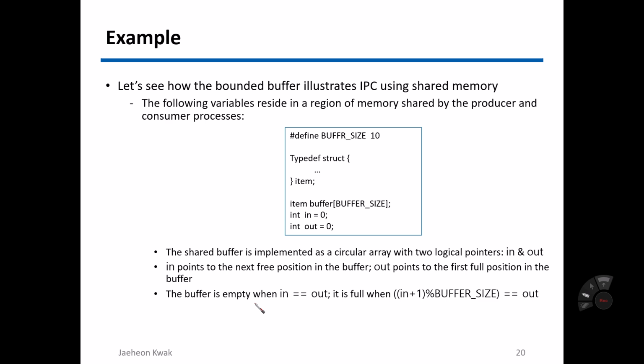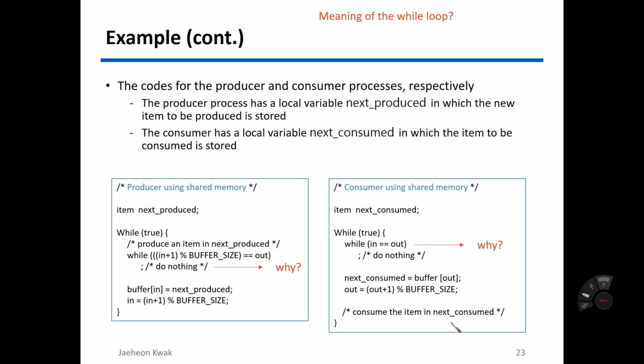So the buffer is empty when in equals out, and it is full when this equation holds. Yeah, so in that manner, we will add some values to the buffer. And then let's see these two codes, the codes for the producer and consumer processes respectively.